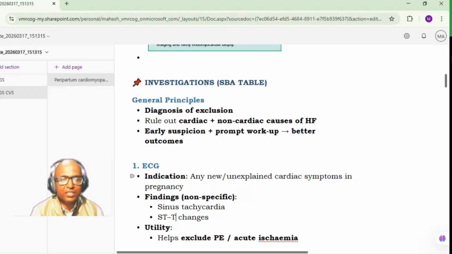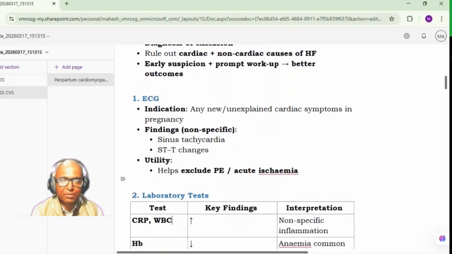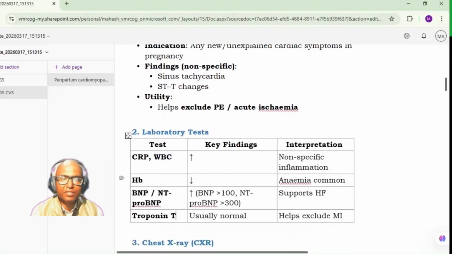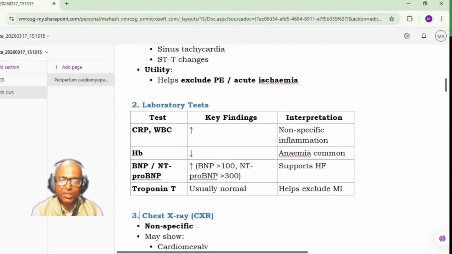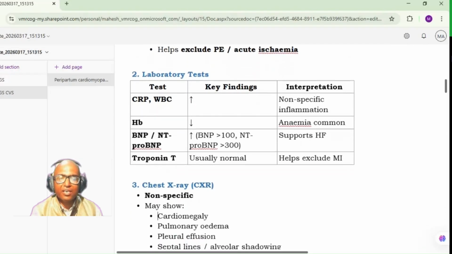So ECG we are going to do, the findings are non-specific, but the specific ones will be BNP and NT-proBNP levels. BNP more than 100, NT-proBNP more than 300. That will support heart failure. Troponin T will be normal because we need to exclude MI. So these are the investigations which we need to do. Then chest X-ray.